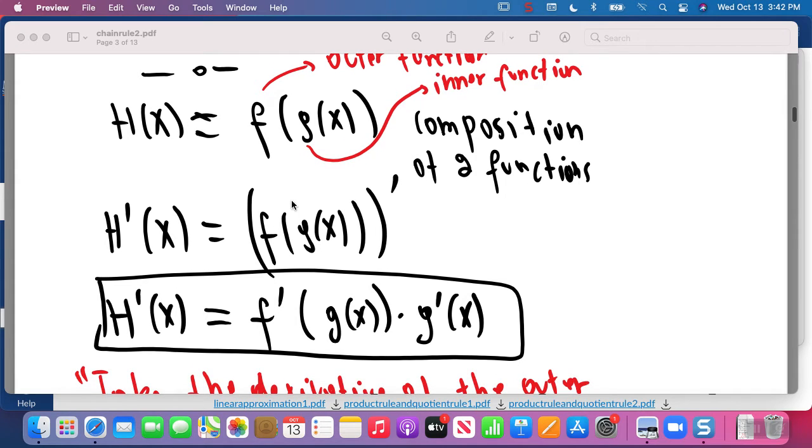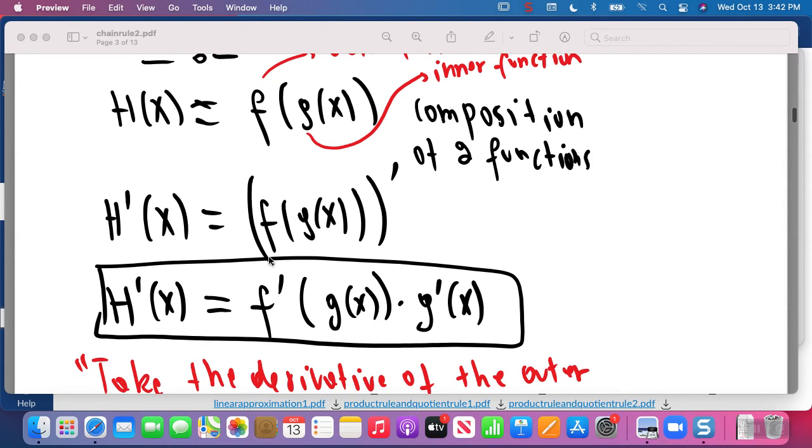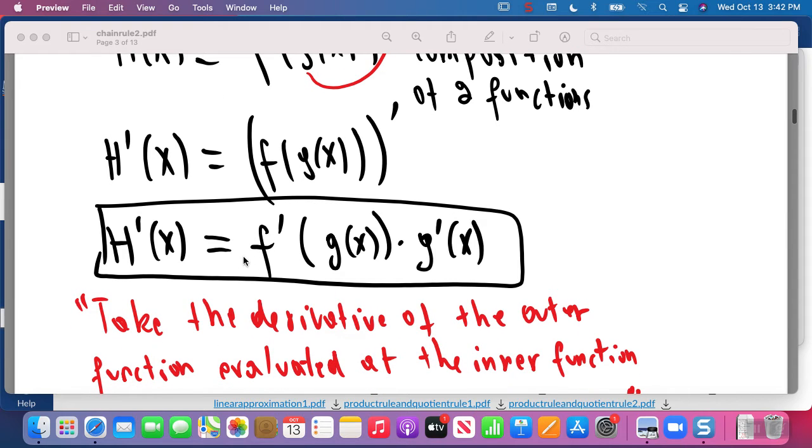When you're taking the derivative of a composition of two functions, you're going to use what you call the chain rule. The chain rule says to take first the derivative of the outer function. So you take f prime, and then you evaluate f prime at the inner function, which is g of x.